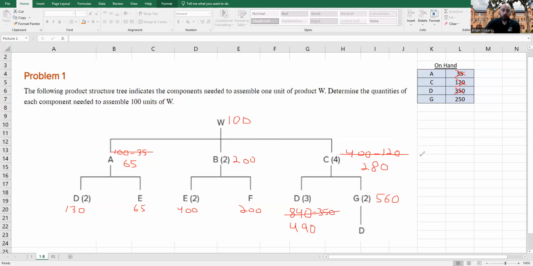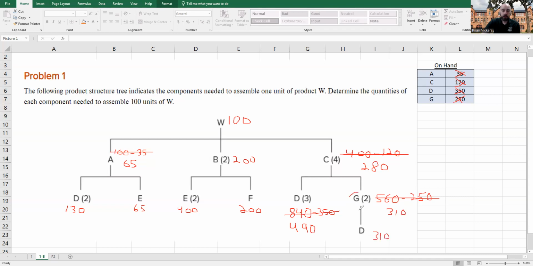Product G, I have 250. I needed 560, so let's subtract 250. And we've got 310. Used up all my product G. So now 310 times 1 is still 310.